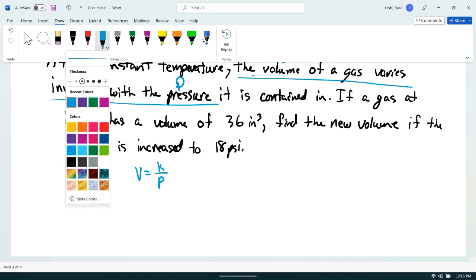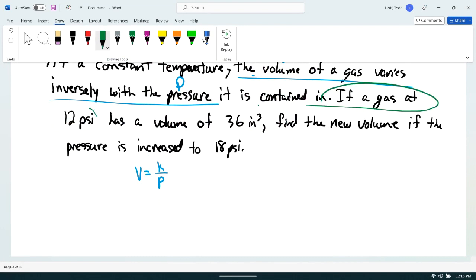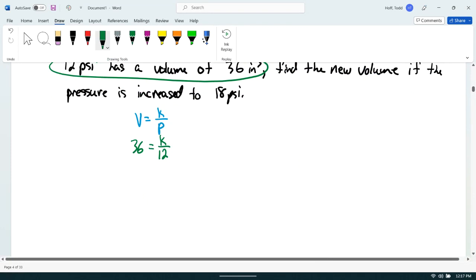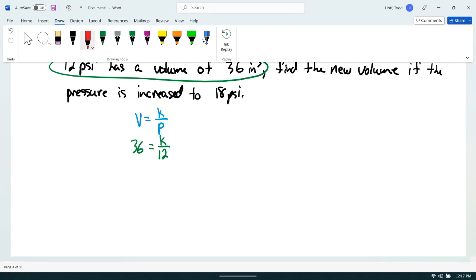And then, of course, we have that known condition. The gas at 12 psi has a volume of 36 cubic inches. We put 36 in for volume, K over 12, and now we solve for K. The K by itself is being divided by 12, so we're going to multiply by 12. 36 times 12, I believe that is 432.